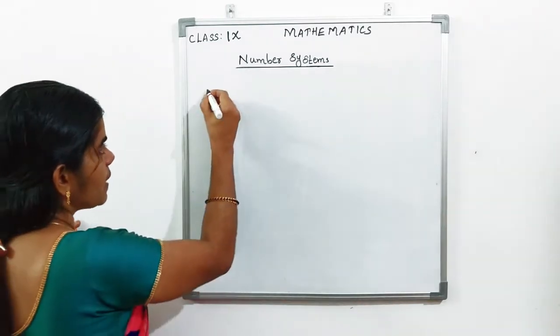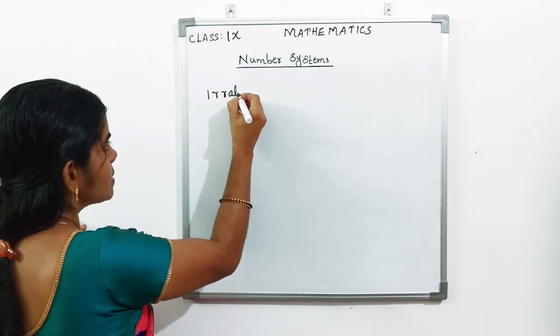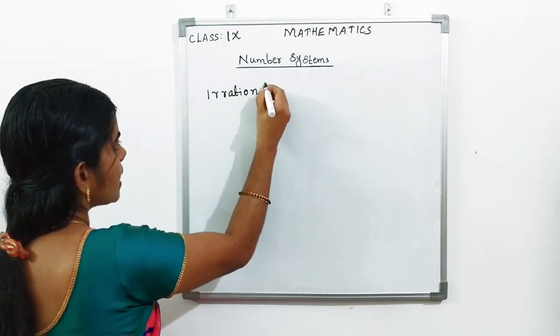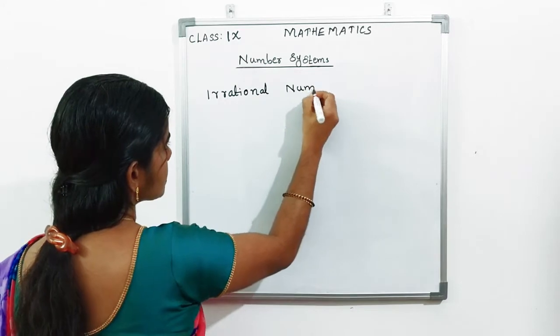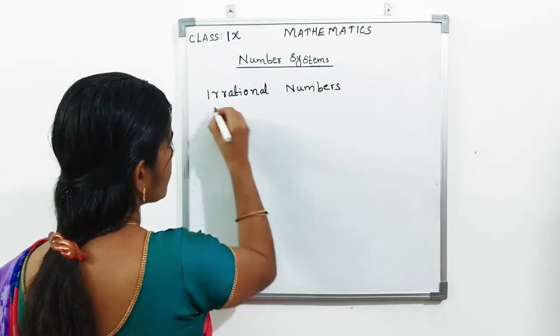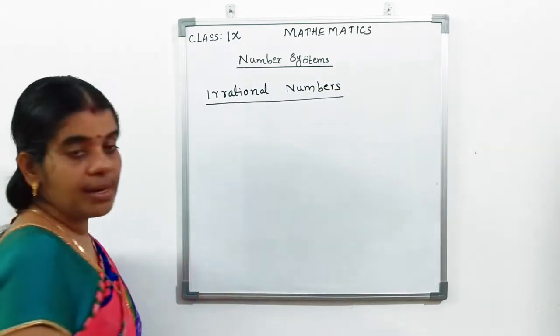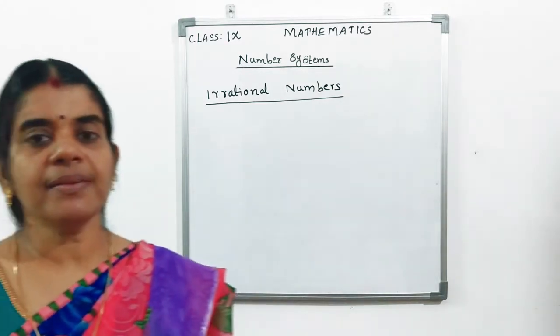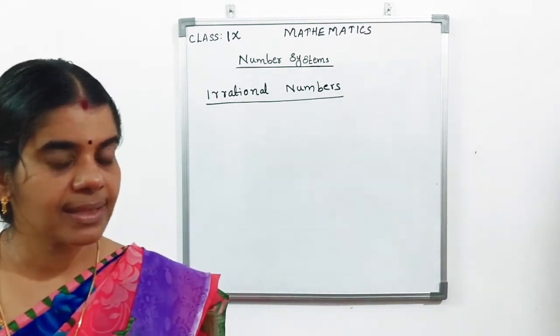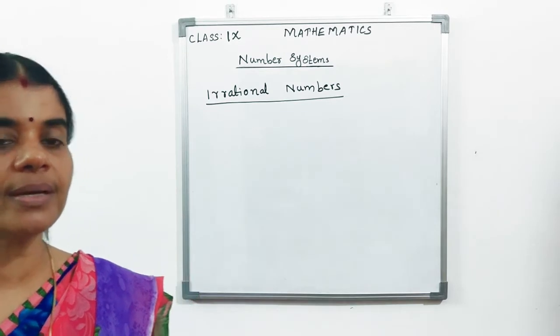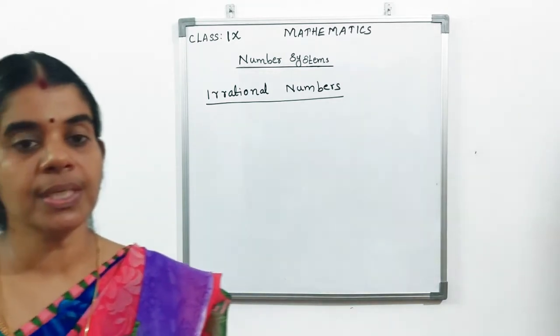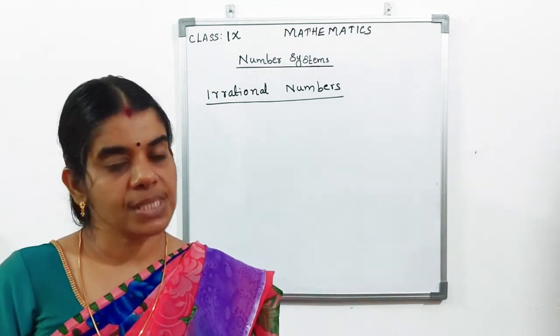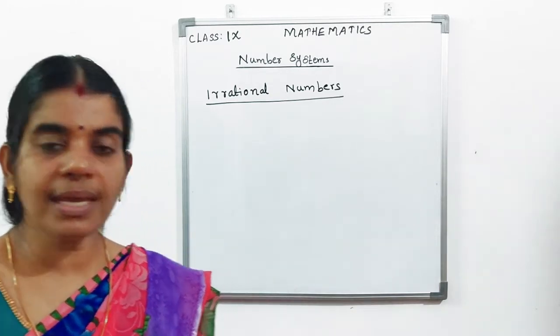Next type of numbers are irrational numbers. Simply we can say its definition like that. The numbers which we cannot write in the form of P by Q and Q not equal to 0, those numbers are known as irrational numbers.